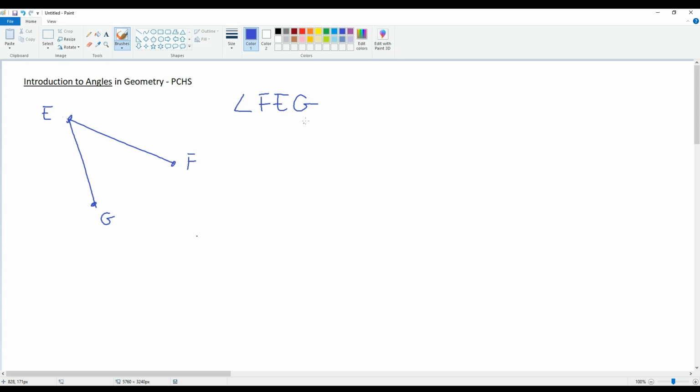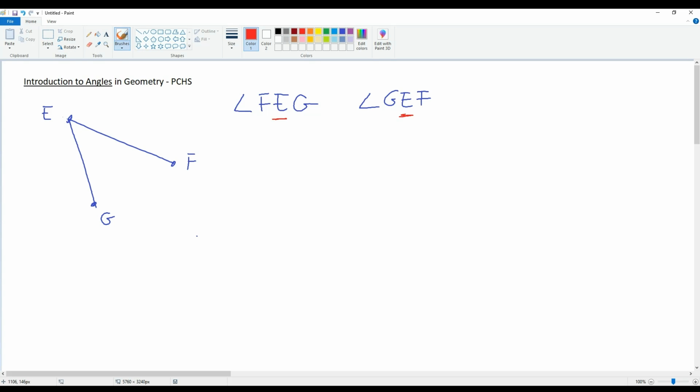Or we could also call this angle GEF. Either way is fine and correct, as long as, and you probably already have noticed, as long as the E, or the vertex, is in the middle of the lettering. Then again, either way is correct.